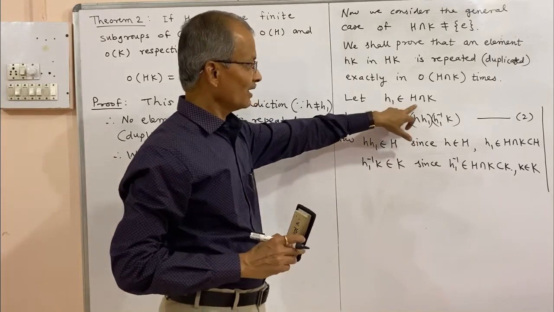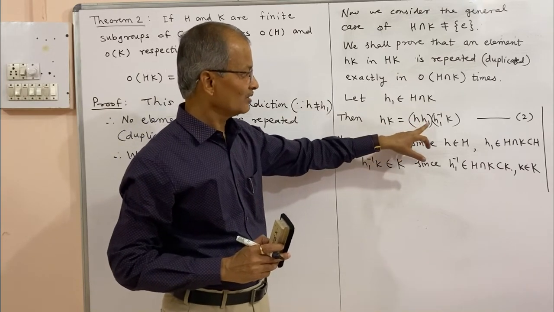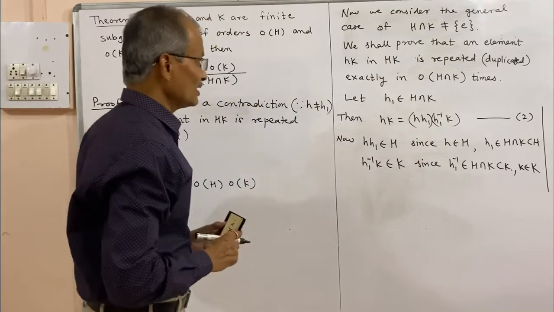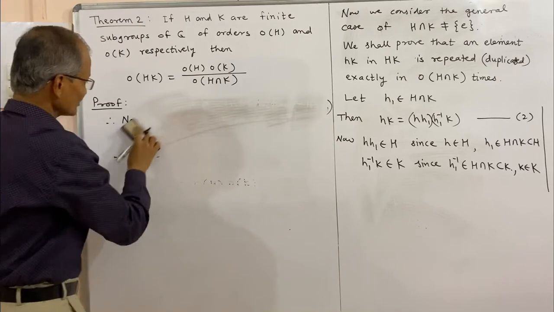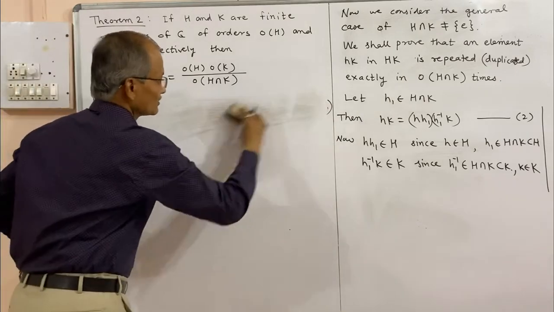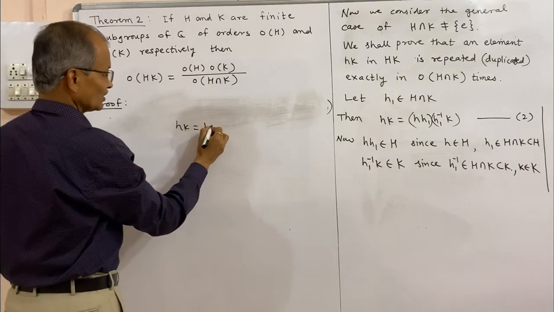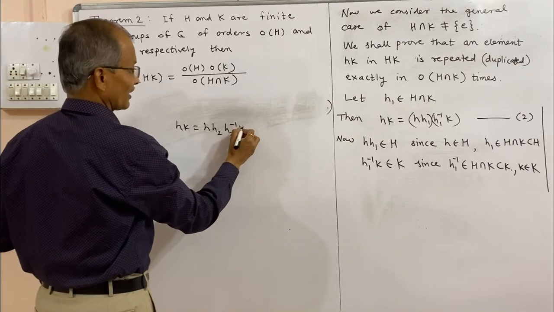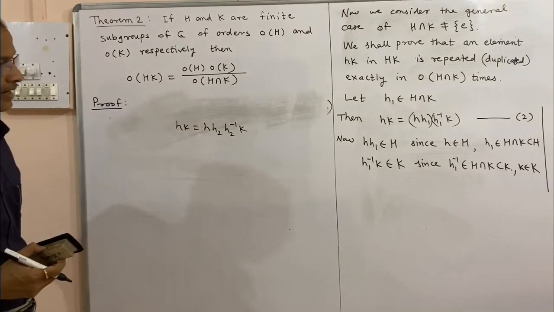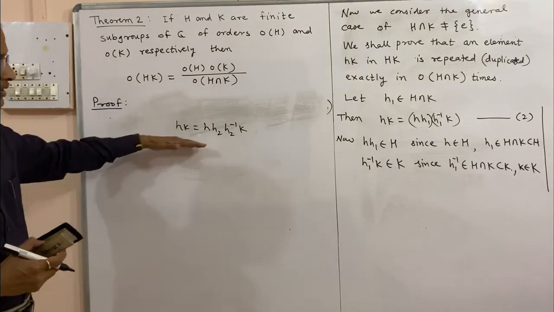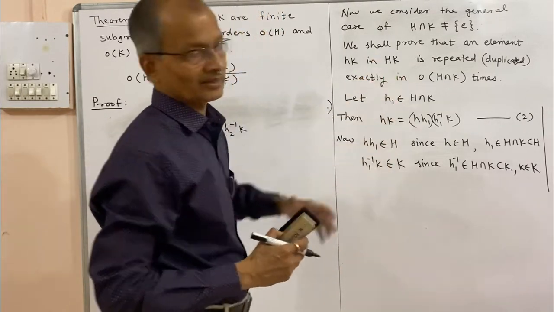Now H1 is an element in H intersection K, and therefore we have written HK as h into H1 inverse into k. Similarly, if H2 is an element in H intersection K, then that HK can also be written in terms of H2: HK will be equal to h H2 inverse k.